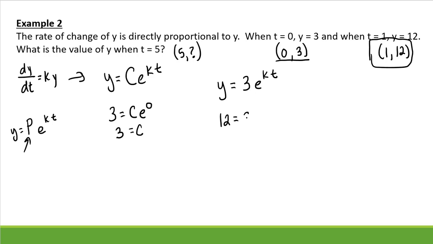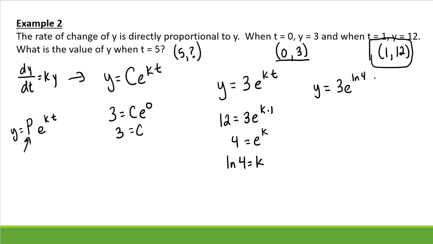e to the k is equal to 4. ln of 4 is equal to k. So now I have my value of k. K is ln of 4. I'm not going to find a decimal for that, just so that I can get the exact value when I plug in 5.